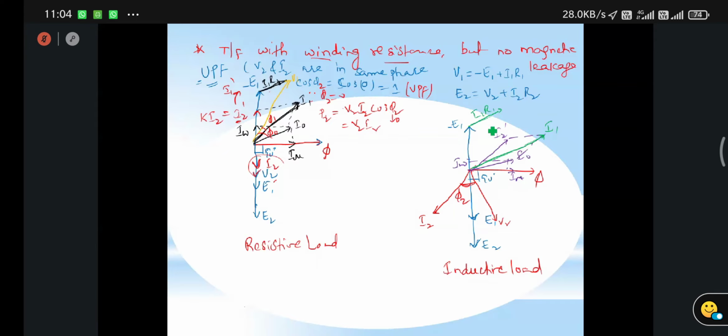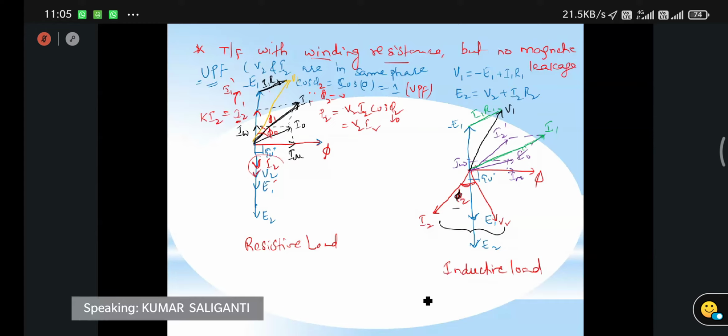If you combine this minus E1 plus I1 R1, then you can get this. This is V1. This I2 lags V2 by angle pi by 2, so there is inductive load here.